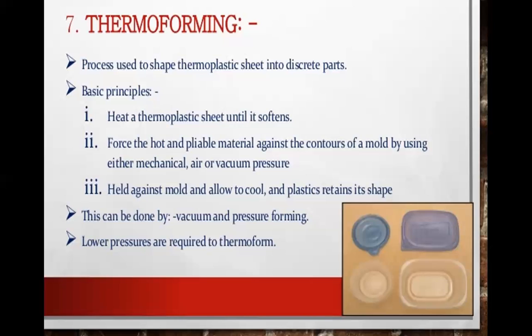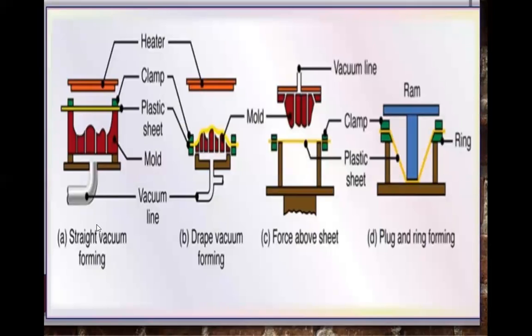It is held against the mold and allowed to cool, and the plastic retains its shape. This can be done by vacuum and pressure forming. Low pressure is required to thermoform.